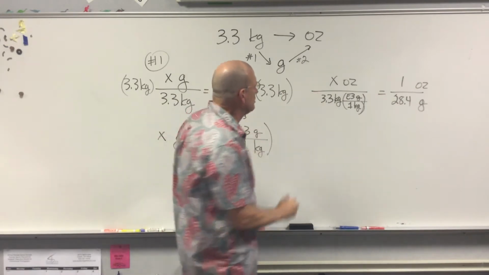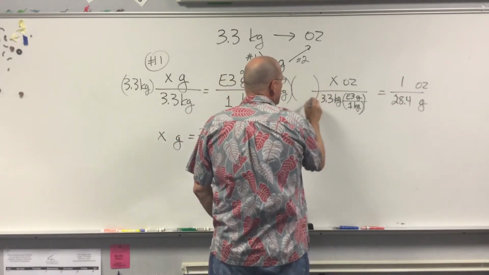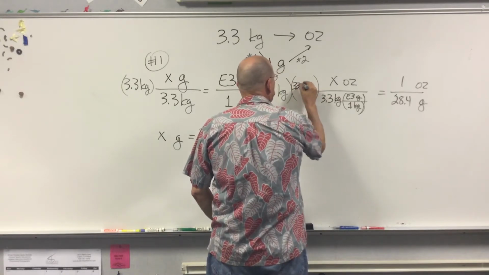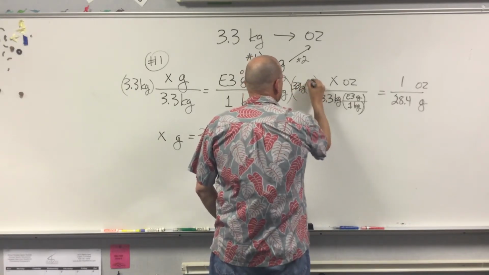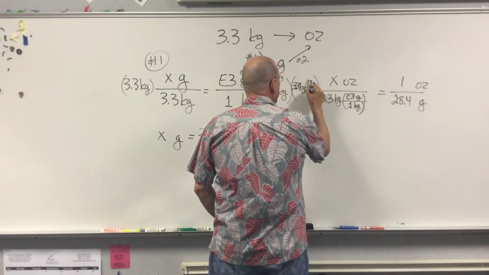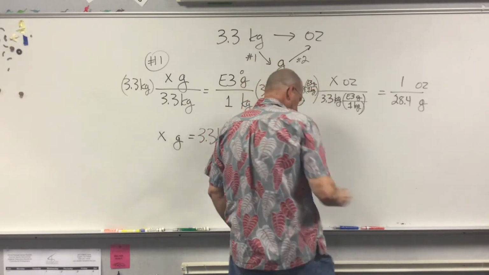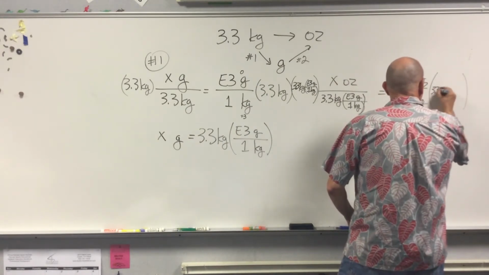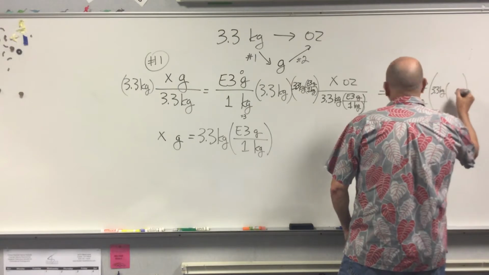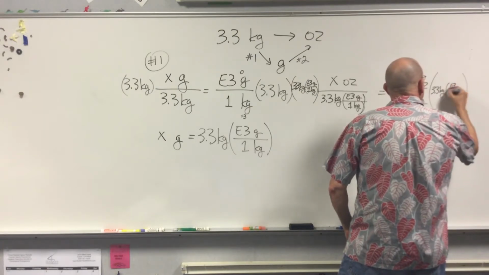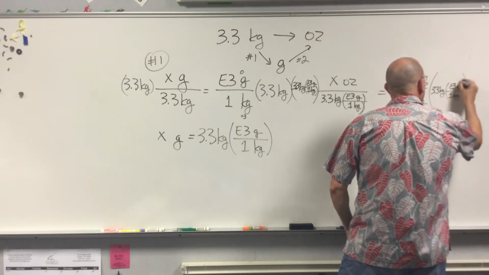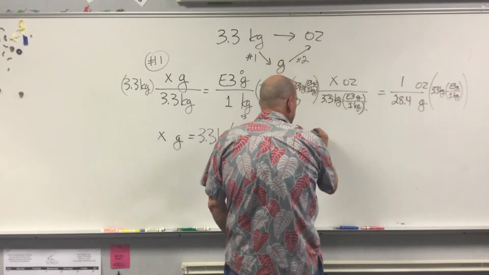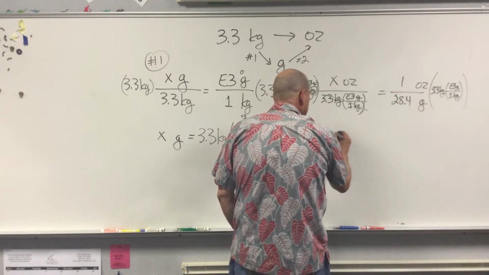So in order to solve for this, I would multiply this thing by my 3.3 kilograms times E3 grams over 1 kilogram, and then I'd have to duplicate that over here: 3.3 kilograms times E3 grams over 1 kilogram. And then these things would all cancel, and I'd be left with X ounces.